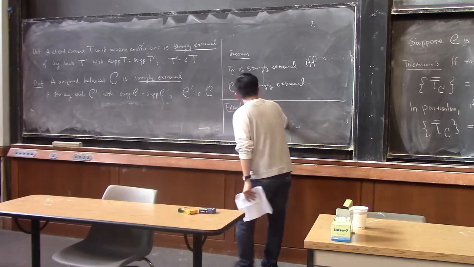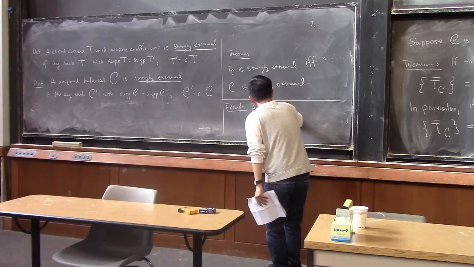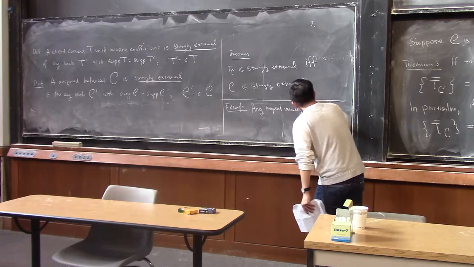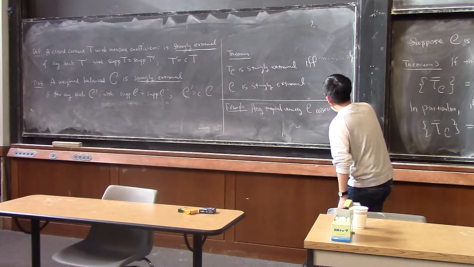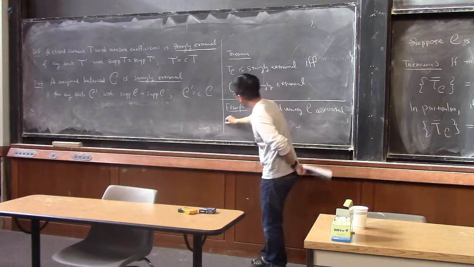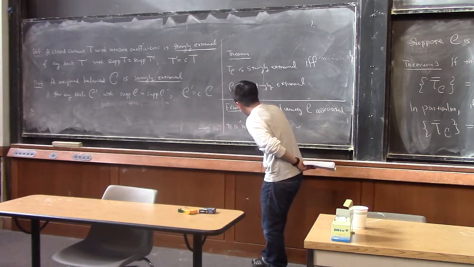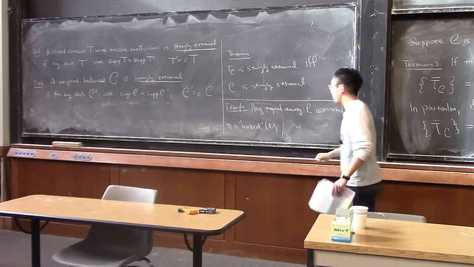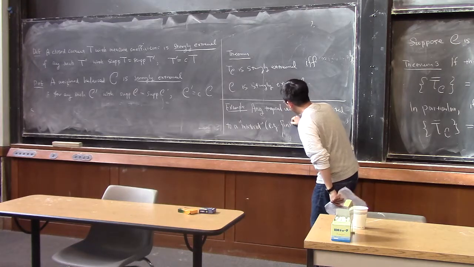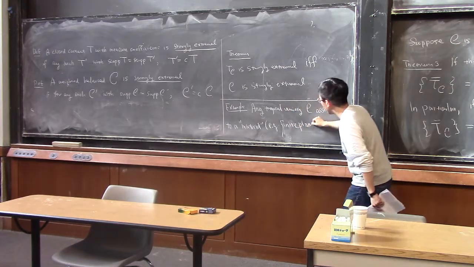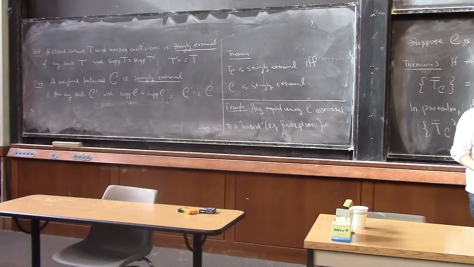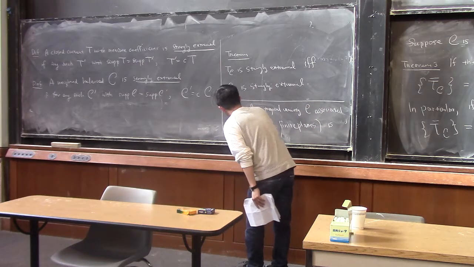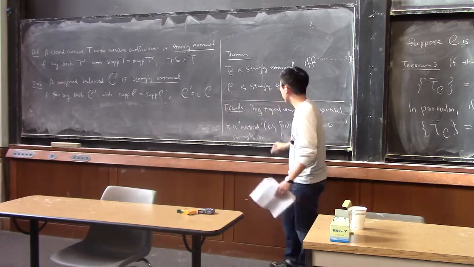So, for example, any tropical variety C associated to this combinatorial structure called a matroid, if you don't know what they are, think of finite projective planes and the incidences between points and lines in finite projective planes, is strongly extremal. And there are many, many different matroids.